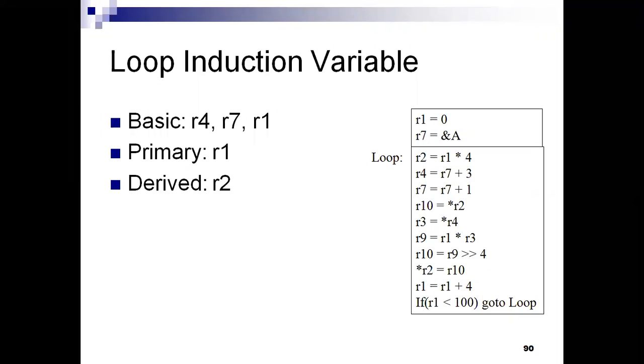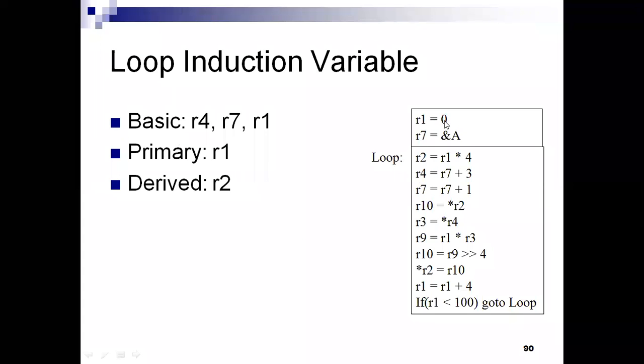There we have some loops. So in this we have 3 induction variables: basic, primary, and derived. Coming to the basic ones, R4, R7, R1 are the basic induction variables in the example.